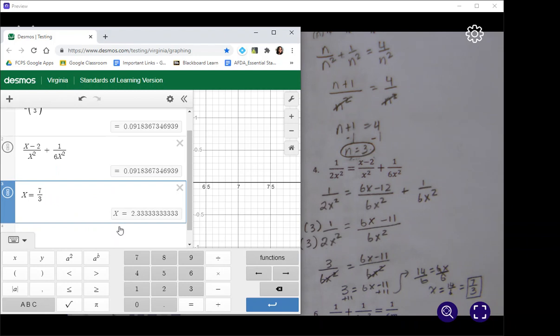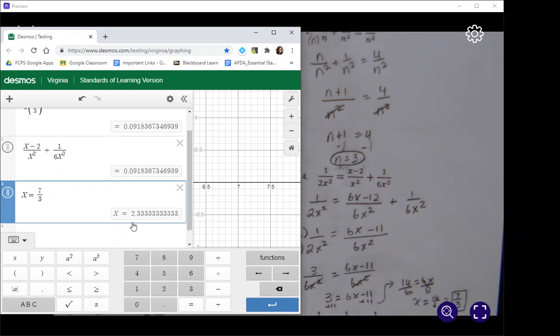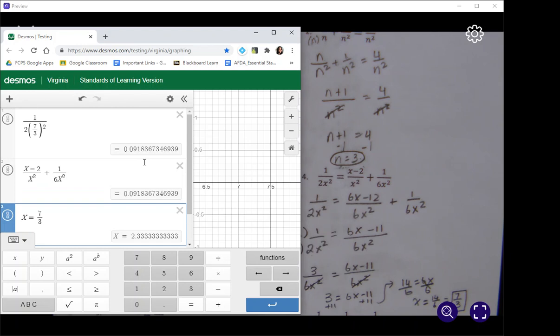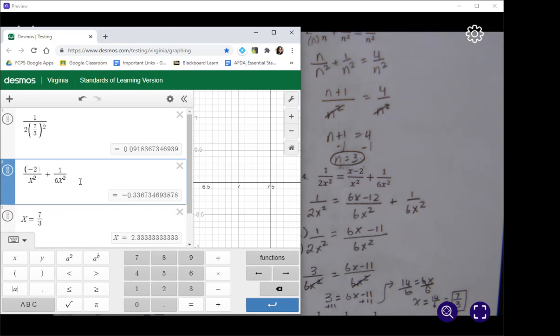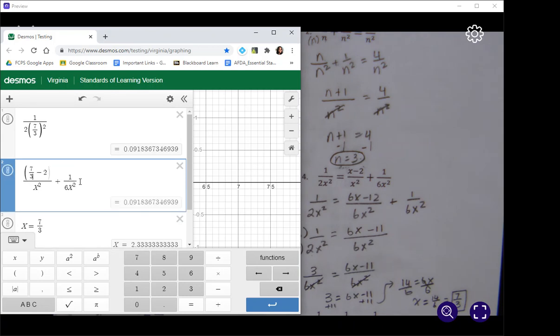And I did not get the right answer. Oh, sorry, this is my answer, right? So here it is. I think that's a little confusing. Let me just change the x here to 7 over 3.